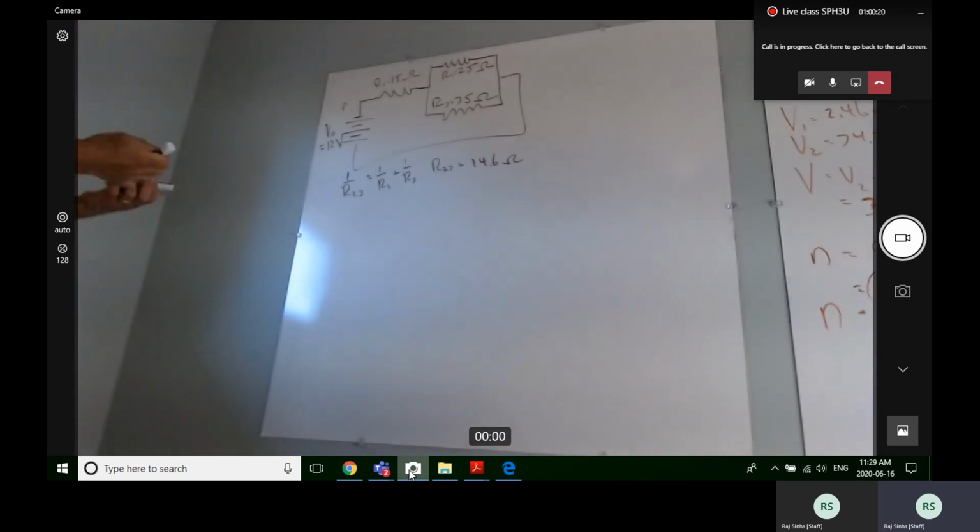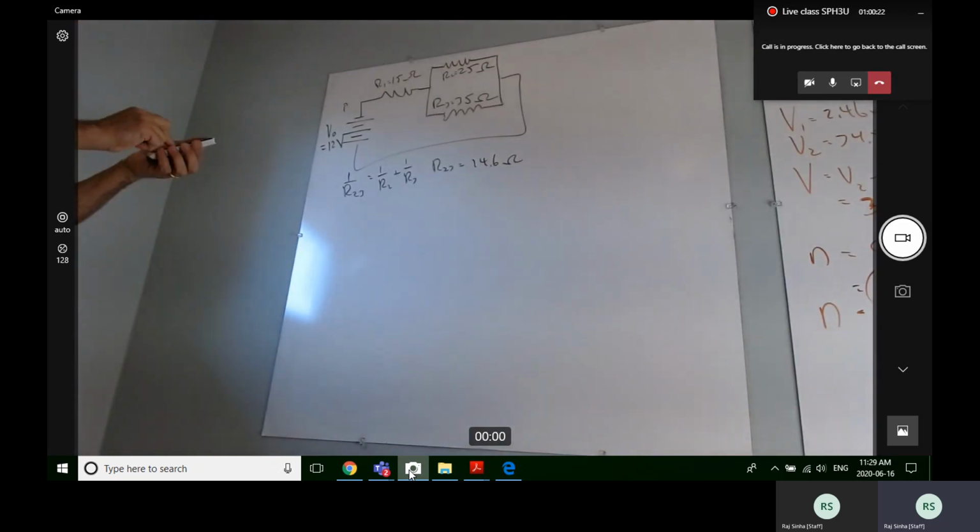Notice how fast and easy that x, 1 over x button makes it for you.